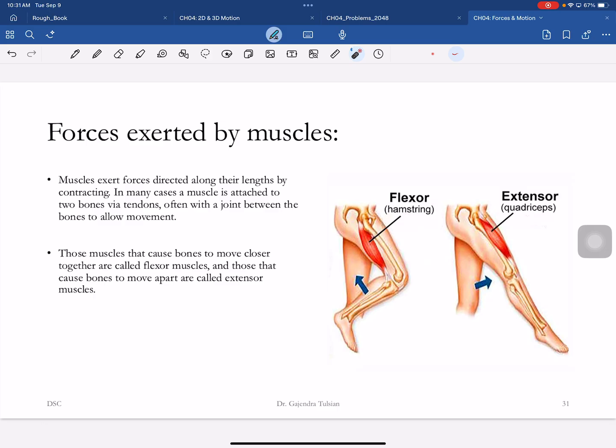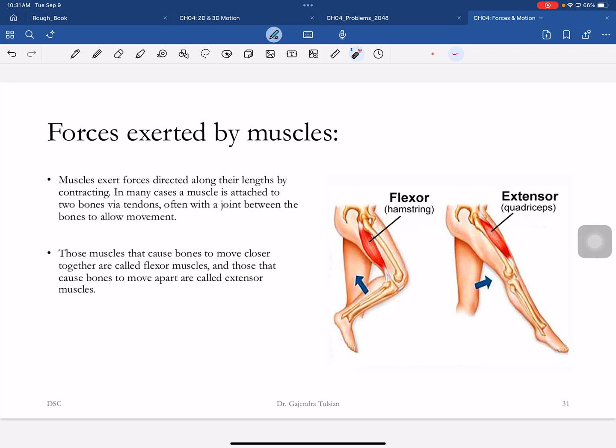Now we talked about forces, and now we'll apply them to the human body. What do your muscles do? They can only contract, and they're there to apply forces to various parts of your body. Just like tension, when you pull on a rope, ropes can only pull, muscles can only pull, by contraction.